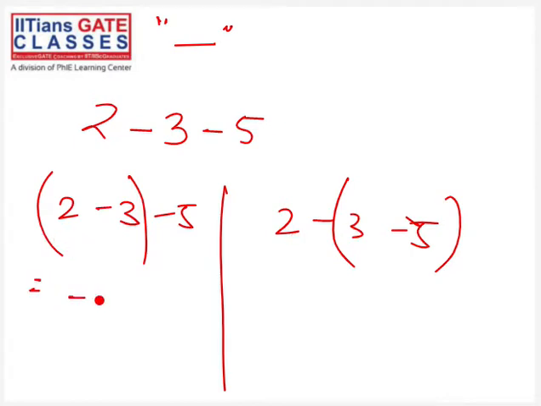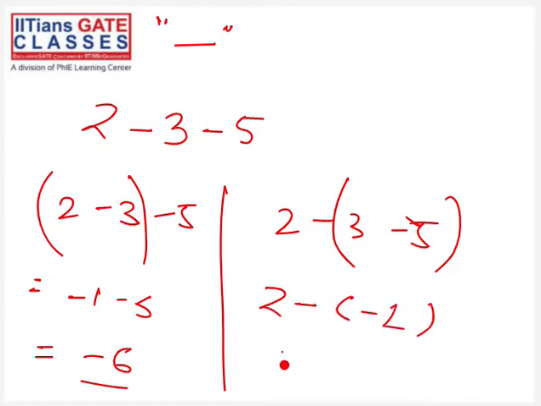The result here will be -1 -5, and that will be -6. What will be the result here? The result here will be 2 minus -2, and the final result will be 4. You can see these results are not the same. So the subtraction operation in mathematics is not an associative operation.